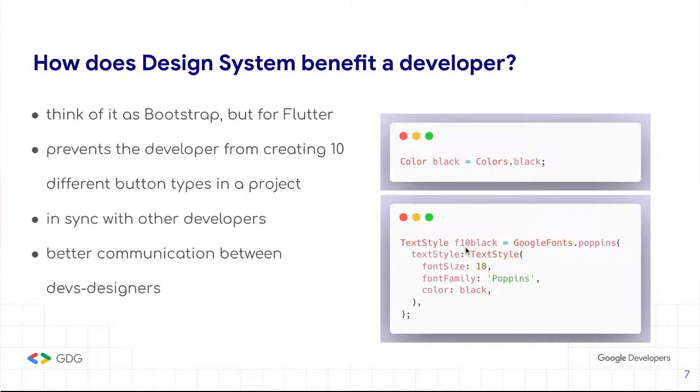That way you can reduce the number of lines of code. And also, if I wanted to change the color of this, I'm just going to change it here, and it is going to be applied in all the places where I've used F10 black. So you don't have to manually go to 10 different places and change the color.